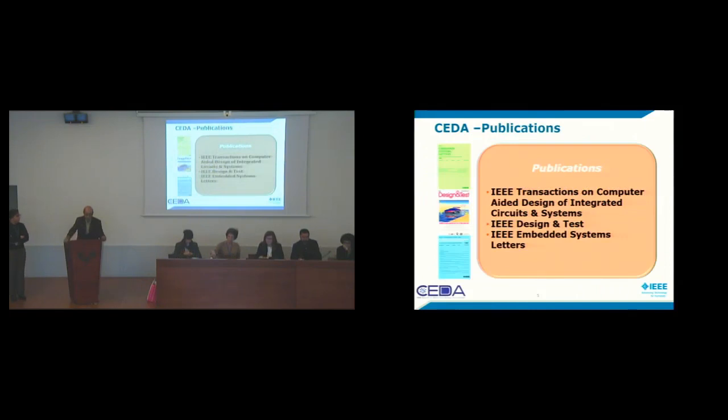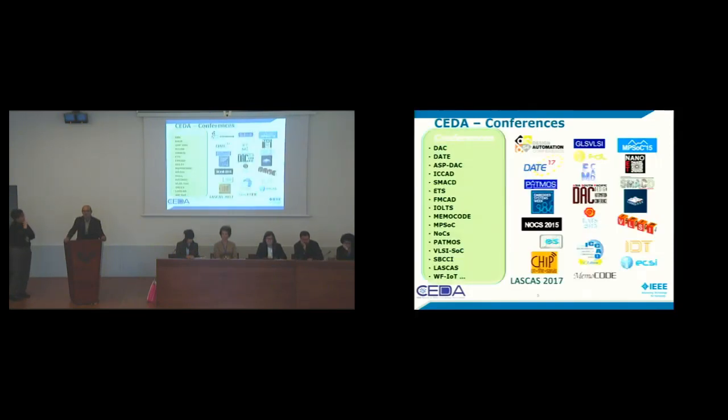It also sponsors several publications like the IEEE Transactions on Computer-Aided Design, the IEEE Design and Test Journal, and the IEEE Embedded Systems Letters, and it also sponsors either technically or financially a number of conferences.